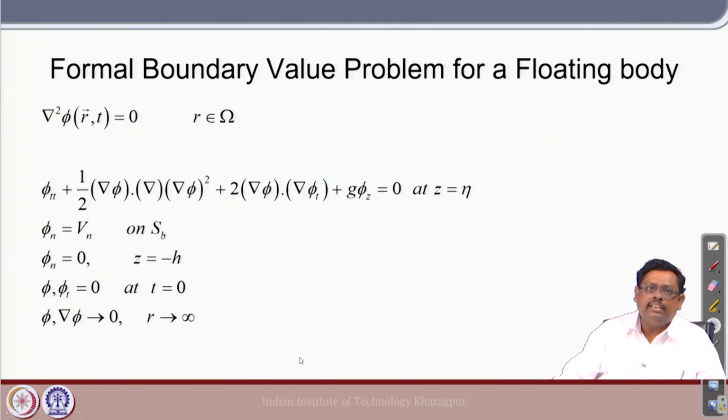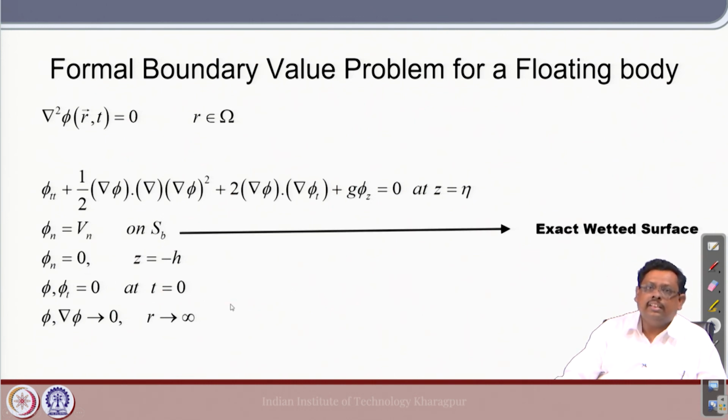Now, let us quickly check what the floating body problem is, what the conditions are, and what equation we are going to solve. In case of a nonlinear problem, we solve the Laplace equation with the nonlinear free surface boundary condition, and apart from that the body boundary condition, bottom boundary condition, initial condition, and the radiation condition.